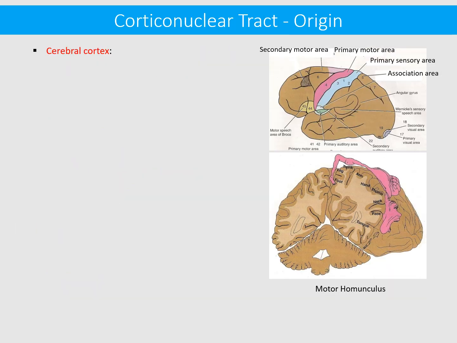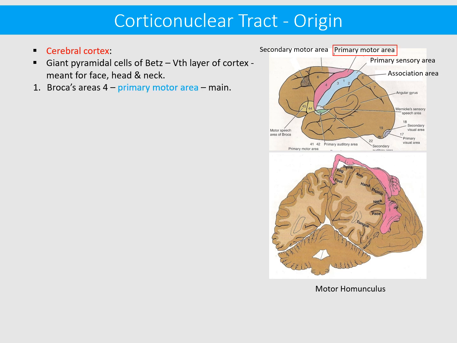Corticonuclear tracts originate from the giant pyramidal cells of Betz located in the fifth layer of the cerebral cortex, meant for the face and the head and neck region of the body. They originate from number 1, Brodmann area 4, the primary motor area, which is the main source.